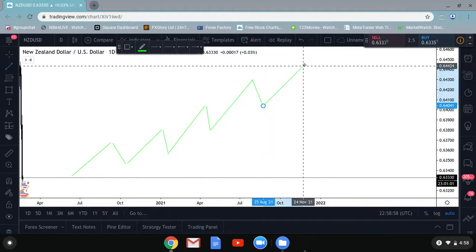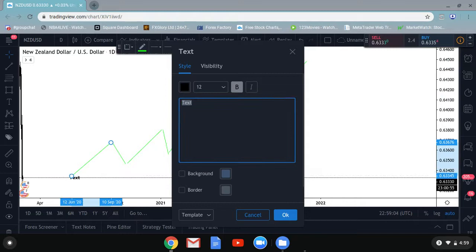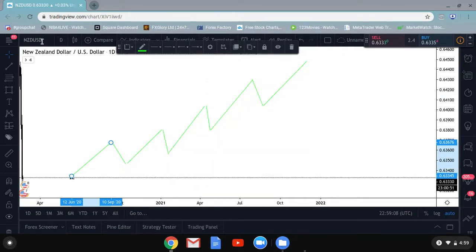Something like that. So you would have your initial low, which is located there at the bottom.